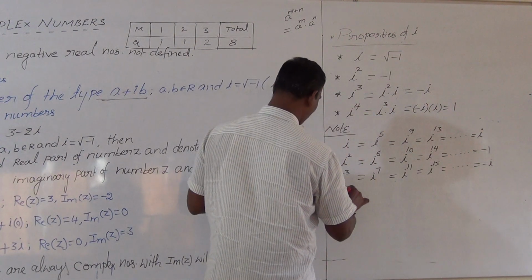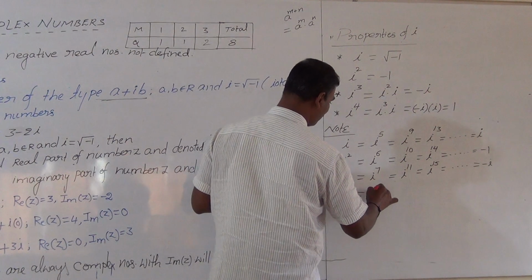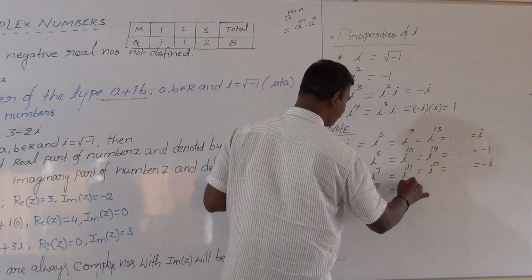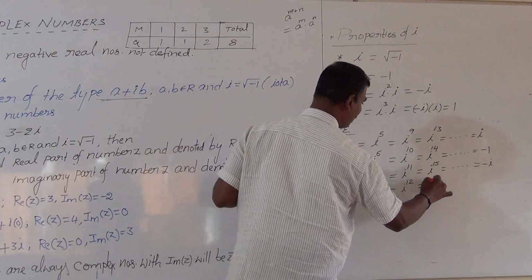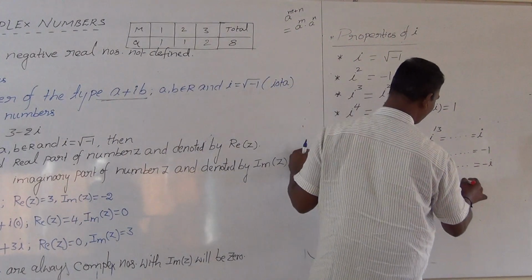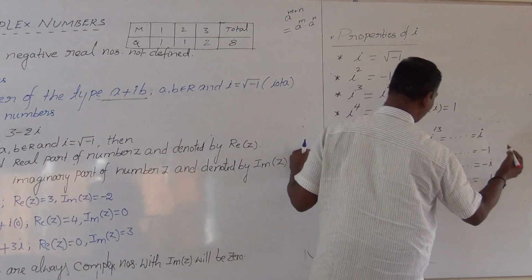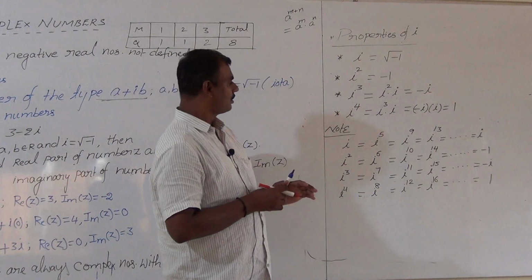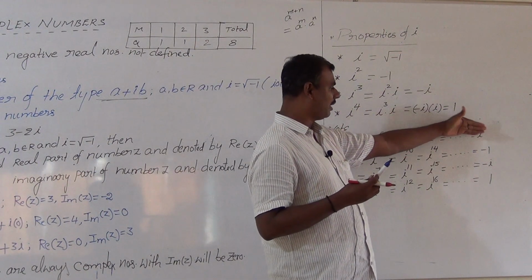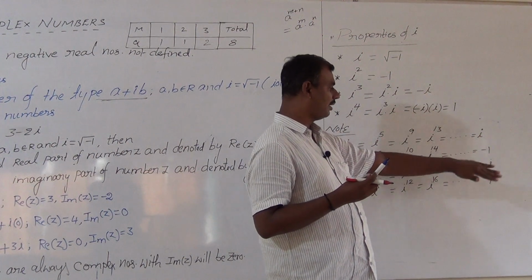And if I take iota raised to 4, iota raised to 8, iota raised to 12, iota raised to 16, iota raised to 20, and so on, this will always be 1. So a cycle is formed, remember: i, -1, minus i, 1.